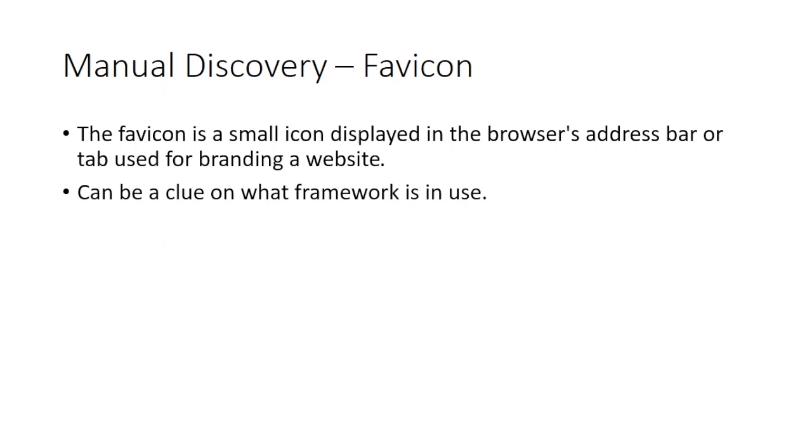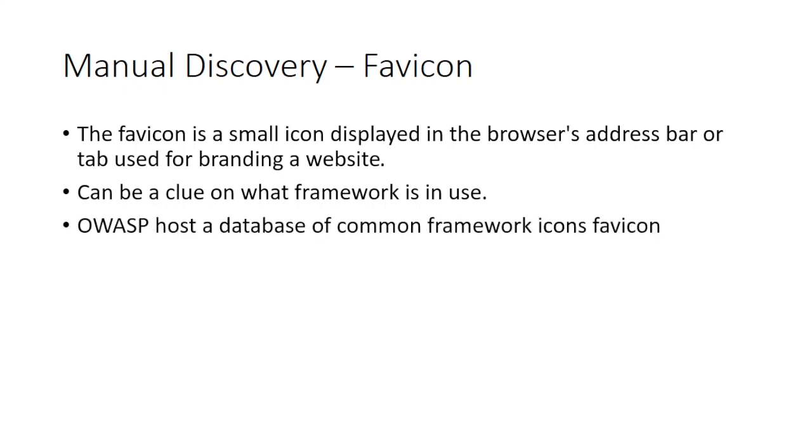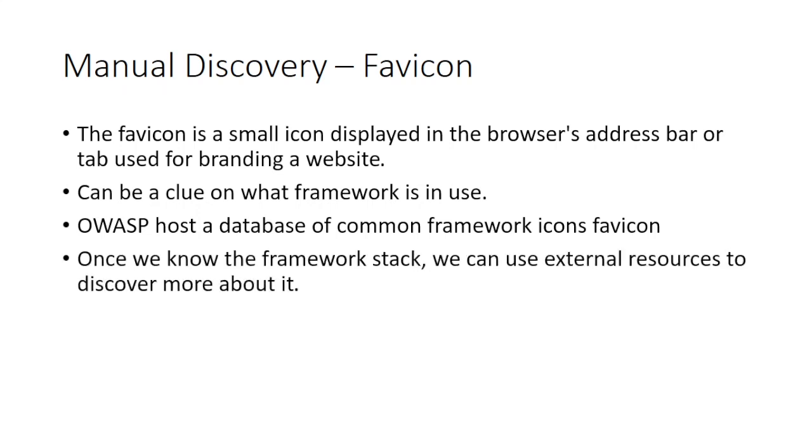Sometimes when frameworks are used to build a website, a favicon that is part of the installation gets left over, and if the website developer doesn't replace it with a custom one, this can be a clue to what framework is used. OWASP has a database of common framework icons that can be used to check against the target's favicon. You'll find the link to that database in the description box.